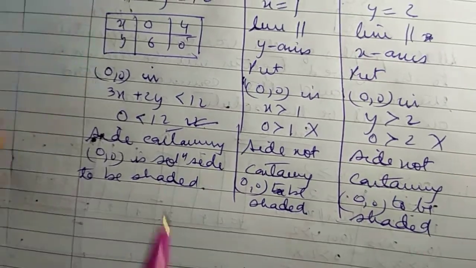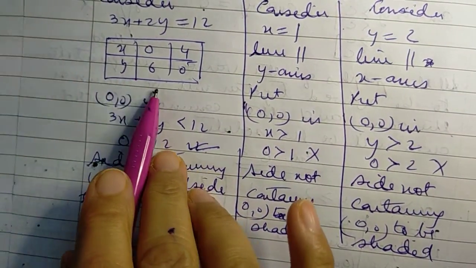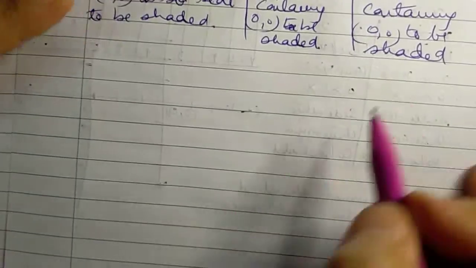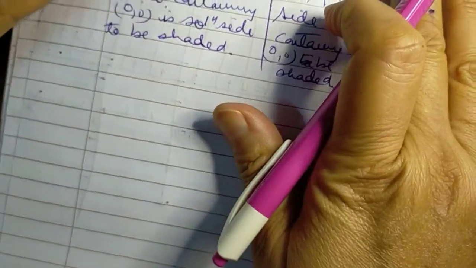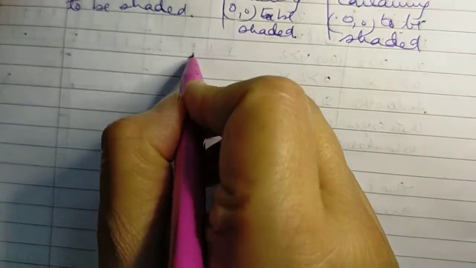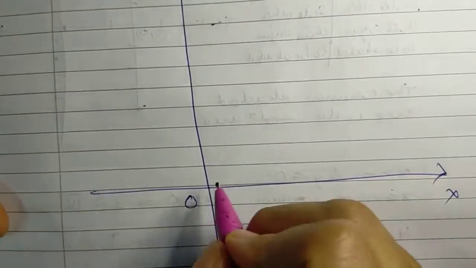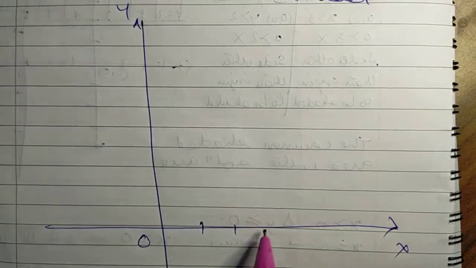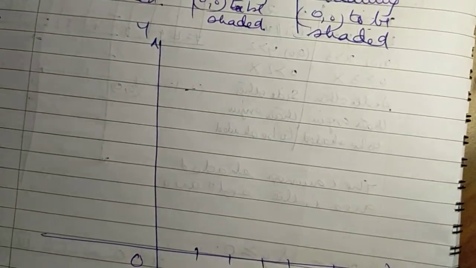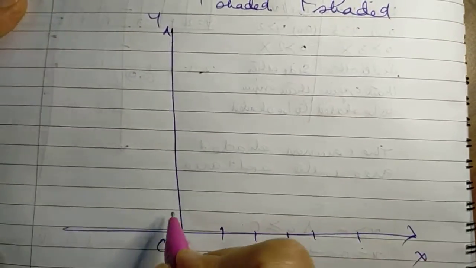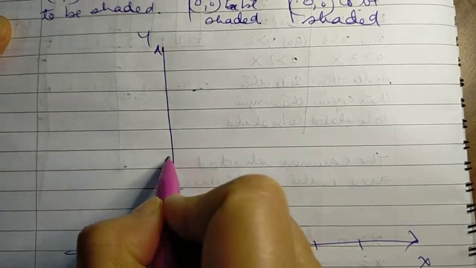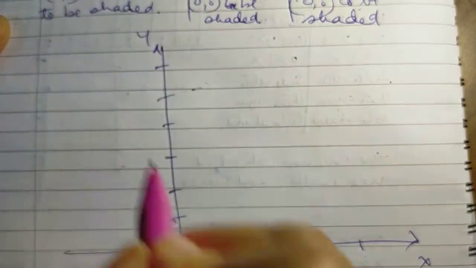Now let's start drawing. So basically we need the points 0, 6 and 4, 0. Okay, so we just quickly draw the graph. So what do we get? Take this as the x-axis, this as the y-axis, and we have 1, 2, 3, 4, 5, and then 1, 2, 3, 4, 5, 6.